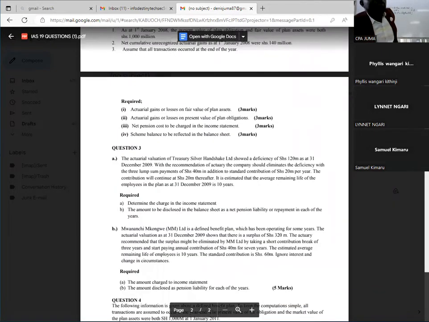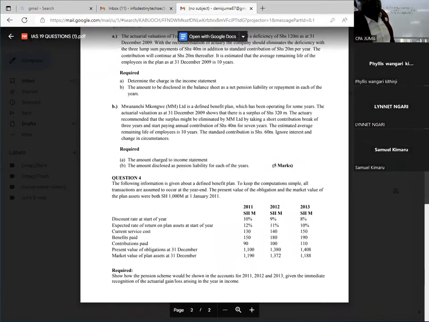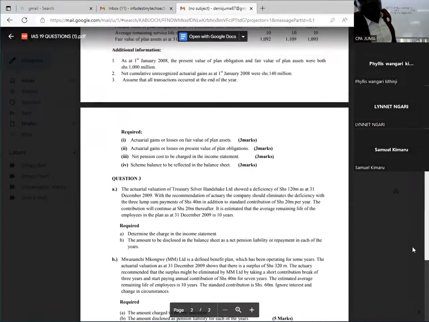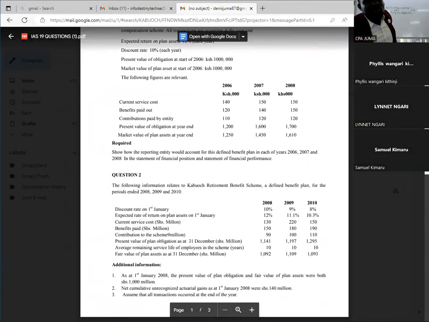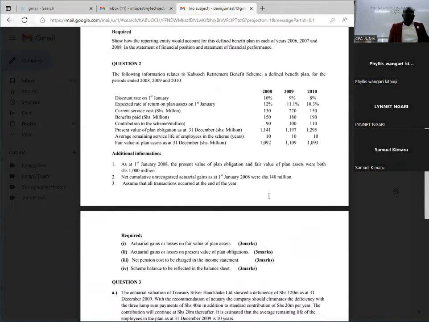Question 3, I'm giving you the solutions after class. Question 4, do for your own practice. So let's read question 2. It says, the following information relates to K retirement benefit scheme, a defined benefit plan, for the periods ended 2008, 2009, and 2010. So we have the discount rate.